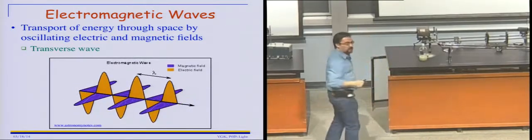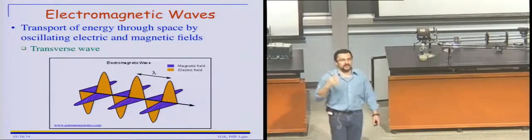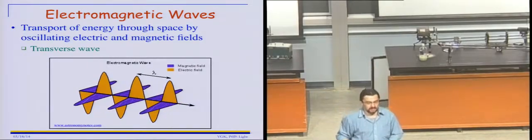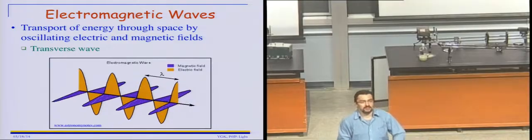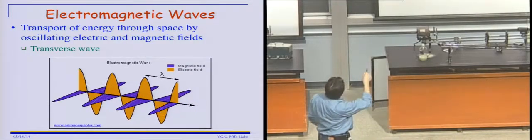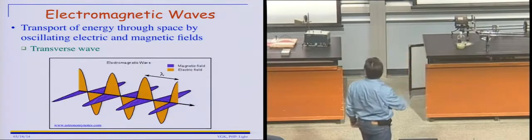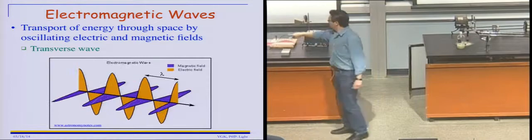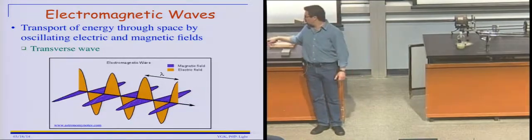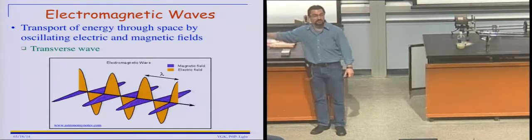The wave has a wave speed. That's the speed of light. And then the pattern of these oscillations repeats in space periodically. There are maxima. There are places where the field is large, like this. And there are places where the field is small. And then there are places where the field is large again.